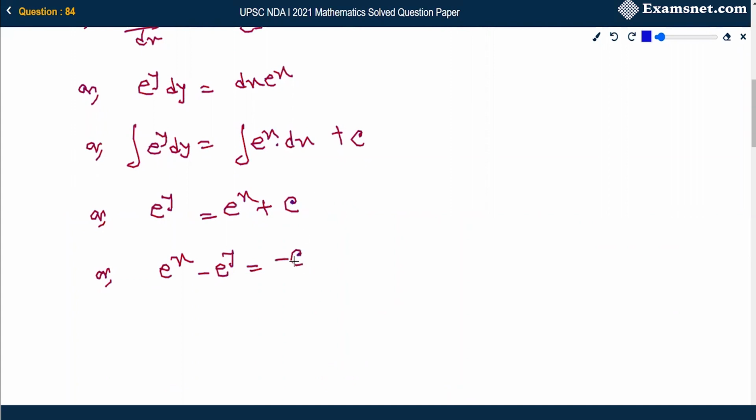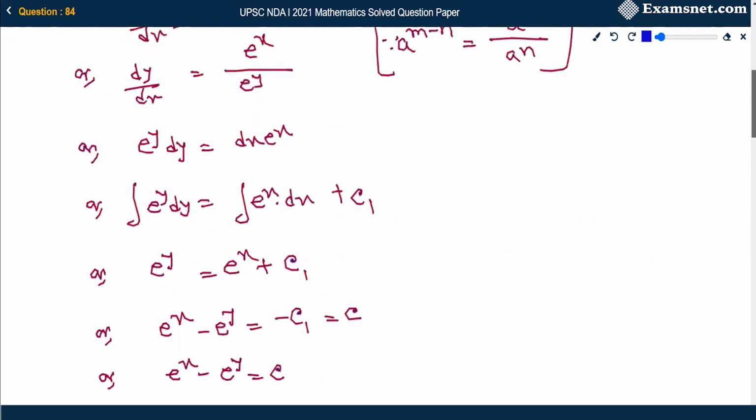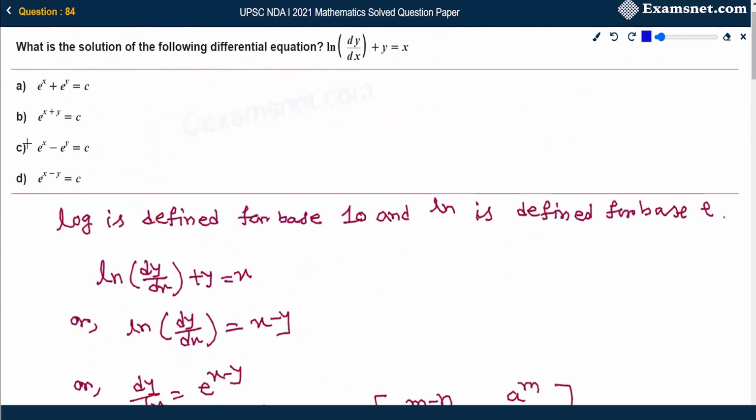If we name it as c1, the constant, minus c1 can be referred to as another constant, that is c. So yes, it becomes e to the power x minus e to the power y equals c, which is a constant. So here option C is the correct one.